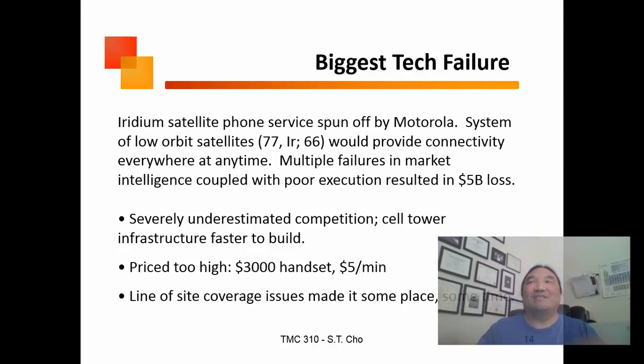They thought, oh, it's a lot easier to put up a satellite than these thousands of cell phone towers. They were dead wrong. It's not that hard to put up a cell phone tower. They did analysis of pricing and found out people don't want to pay $3,000 for a headset, and they don't want to pay $5 a minute. And then they said you can get a call from anywhere, and as it turns out, they had line of sight issues.